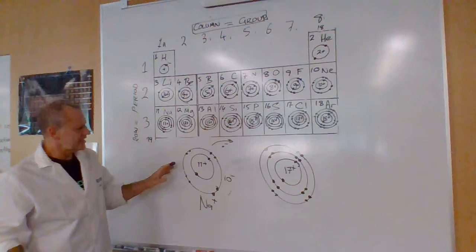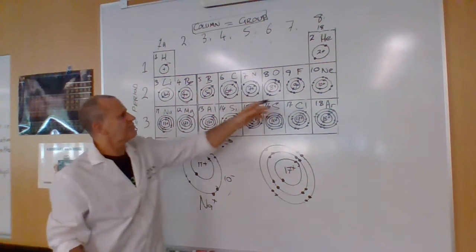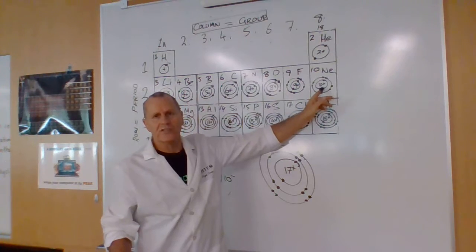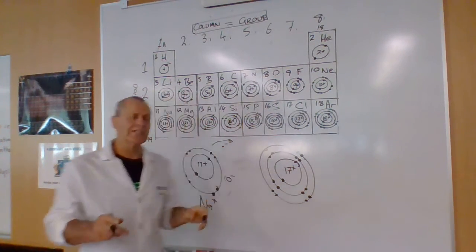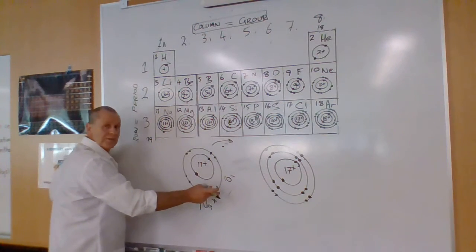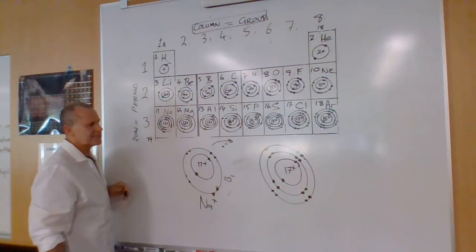So you can see that by losing an electron, sodium gains an electron structure that's the same as a stable atom. But in doing so, it loses a negative charge and becomes Na+.